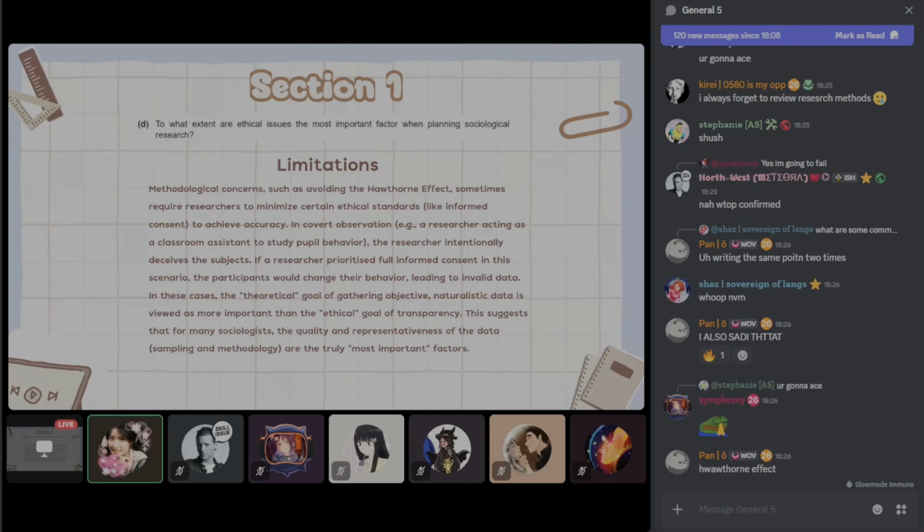If a researcher prioritized full informed consent in this scenario, the participants would change their behavior, leading to invalid data. And in these cases, the theoretical goal of gathering objective, naturalistic data is viewed as more important than the ethical goal of transparency. This suggests that for many sociologists, the quality and representativeness of the data, such as sampling and methodology, are the truly most important factors.